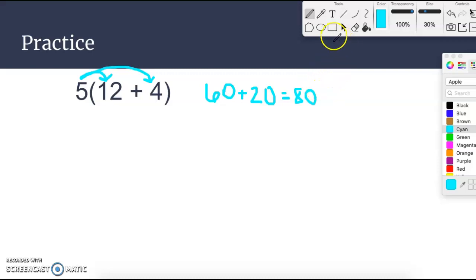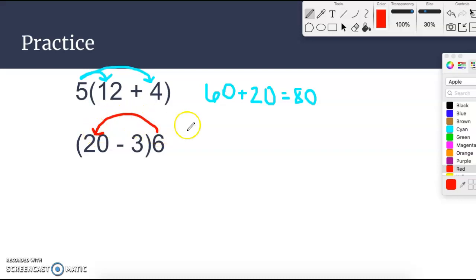Okay, for this next one, the number on the outside of the parentheses is just written at the back of the parentheses. It doesn't mean anything different. We can write numbers this way or write problems this way. It's just not as common, but it really works the same way. We take the number on the outside of the parentheses and we multiply it by the first number in the parentheses.